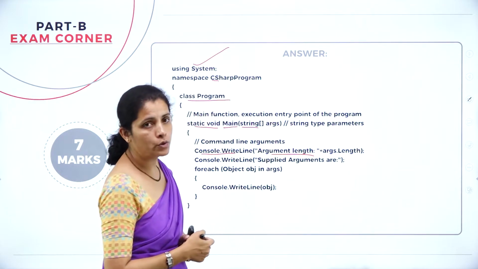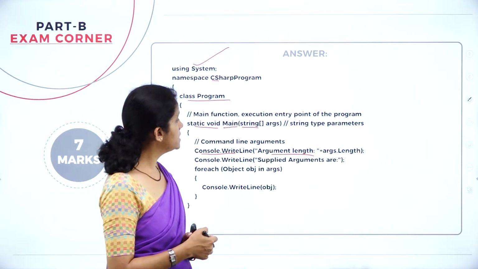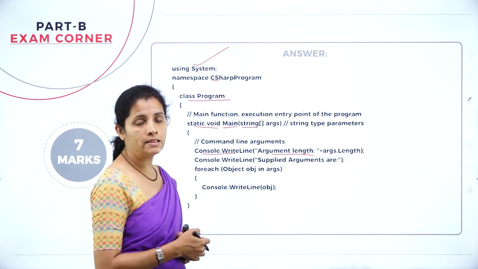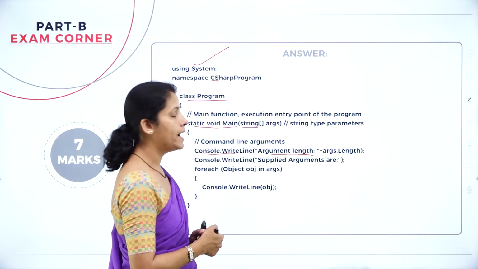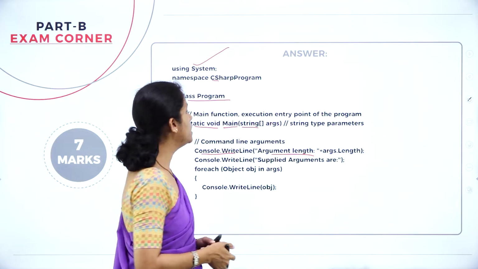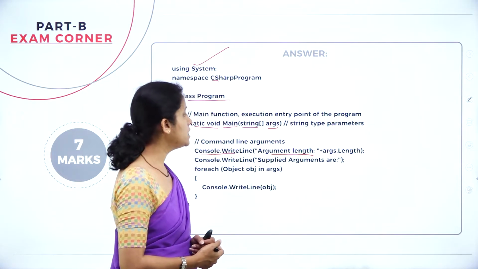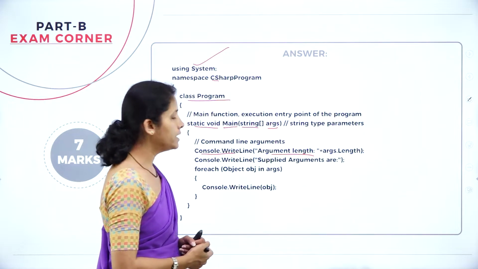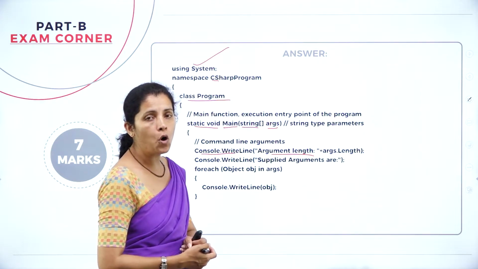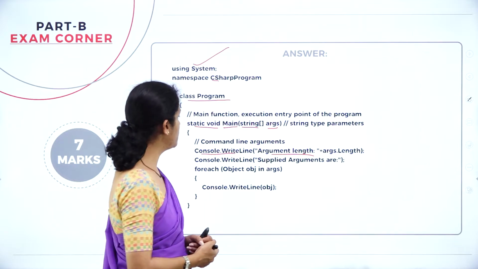For that, I'm going to have args.Length. Here, Length is nothing but the property, and I'm going to access the property with the help of object args. And I want to print all the values one by one.